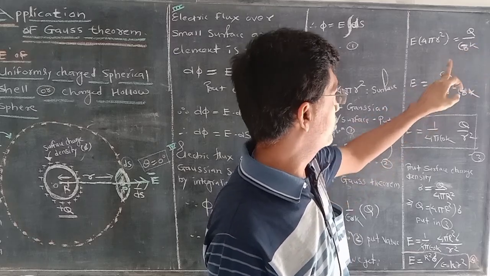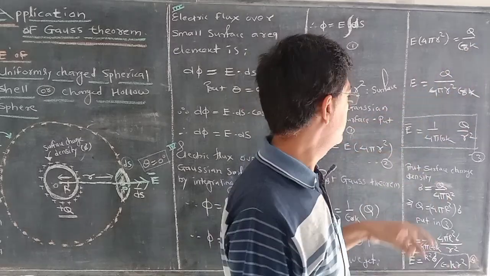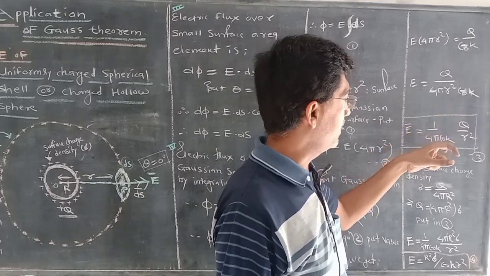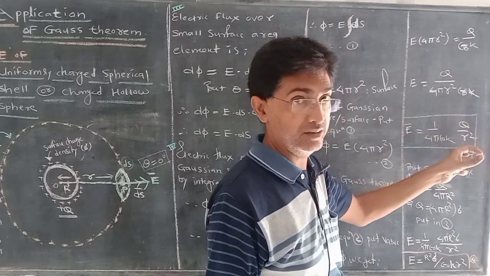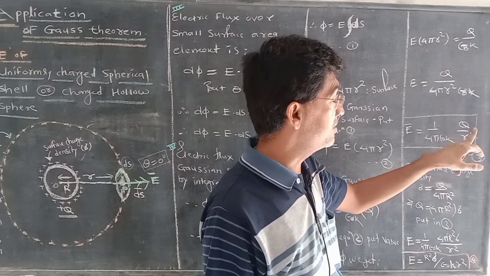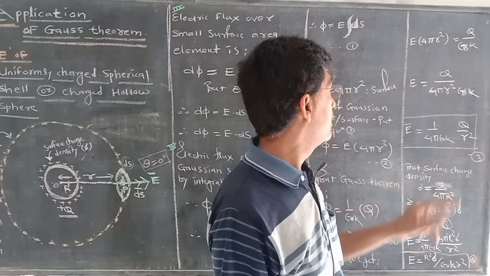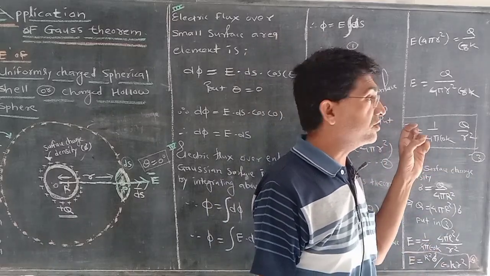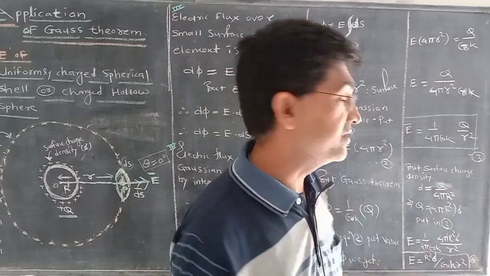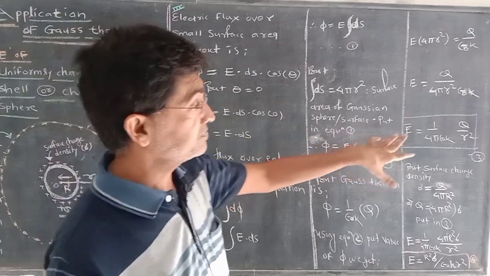So E equals q upon 4 pi r square epsilon naught k. Reshuffling, E equals 1 upon 4 pi epsilon naught k, q by r square, where r is the distance of the point from the center of the charged spherical shell. This is the formula of the electric field intensity of this charged sphere.